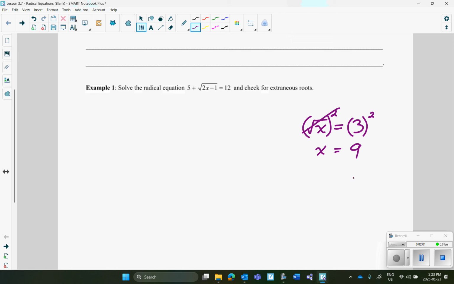And does that make sense? Does the square root of 9 equal 3? Yeah. So that's the only additional step. What if I gave you this one? What do you think you do first?